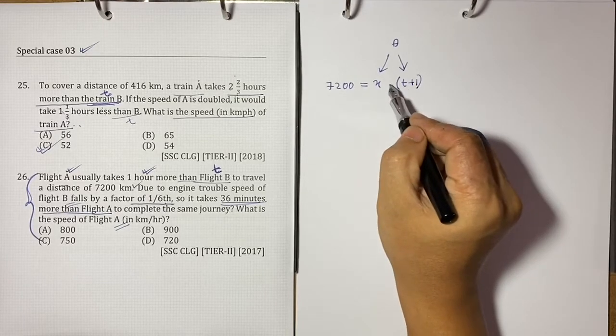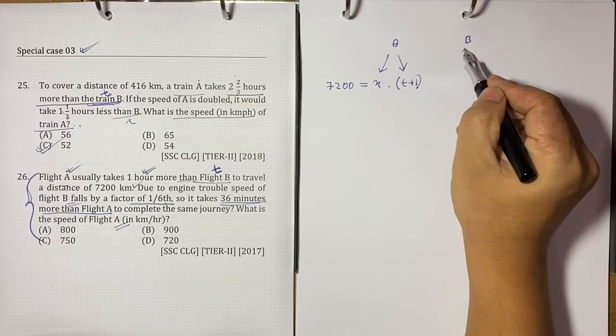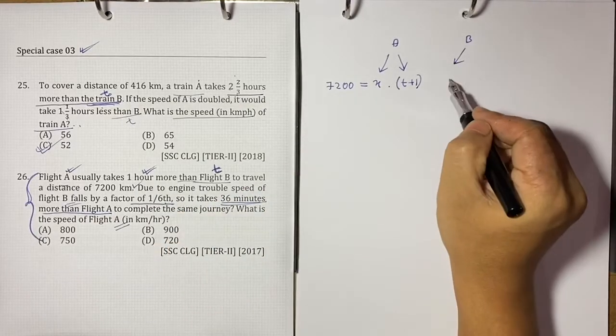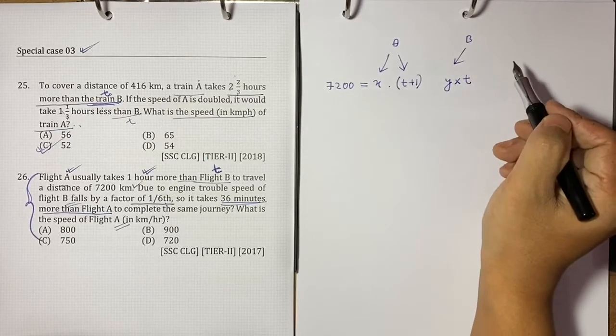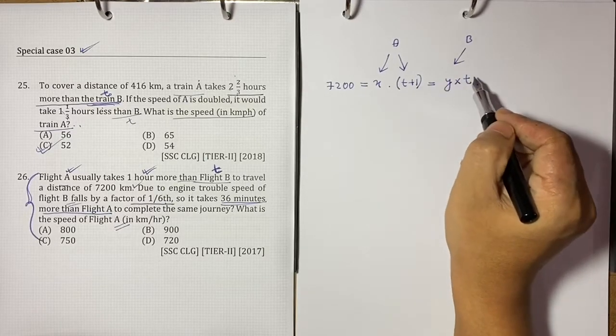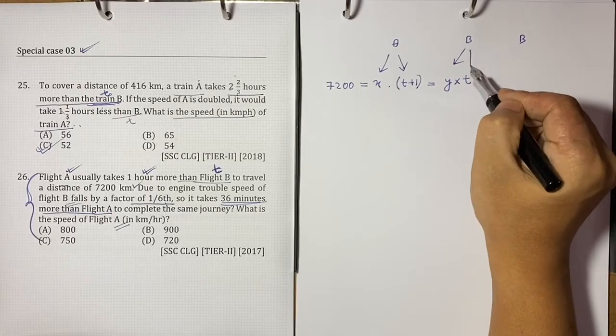So distance equals speed into time. Let Flight B's speed be y, with time t. So again distance equals speed into time.